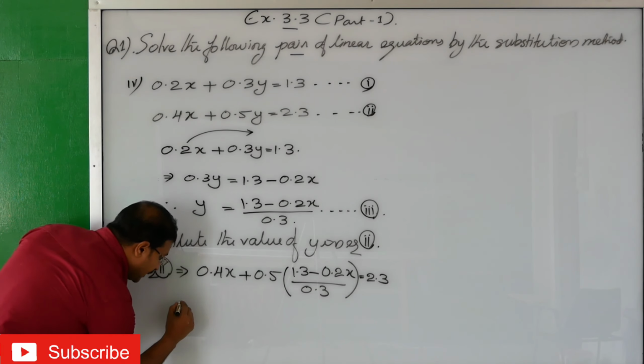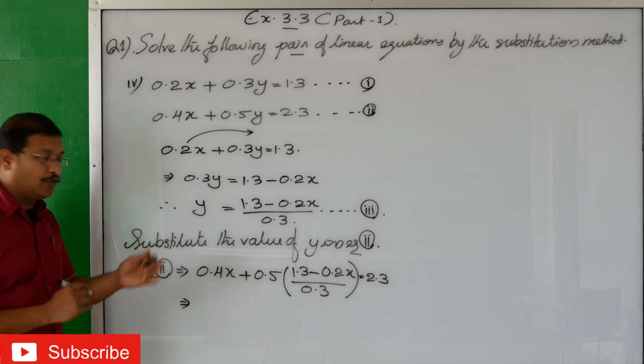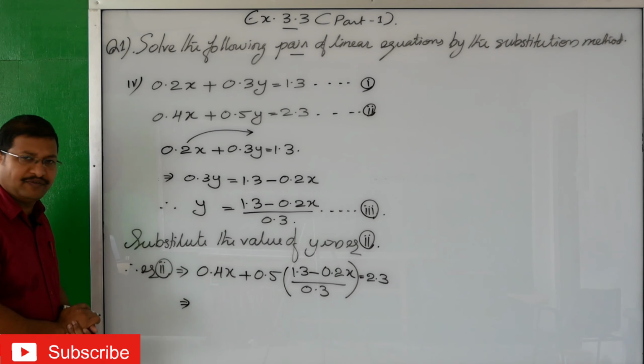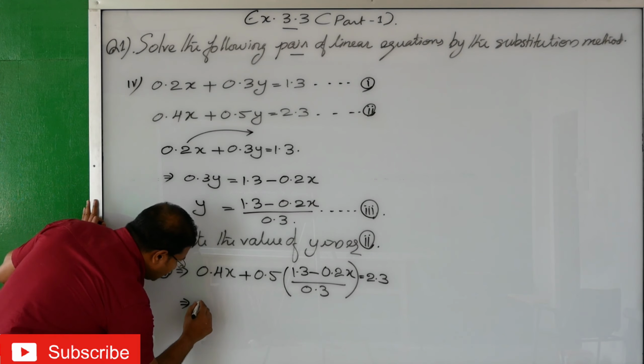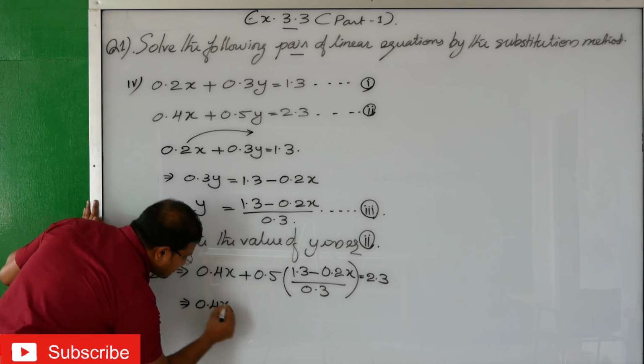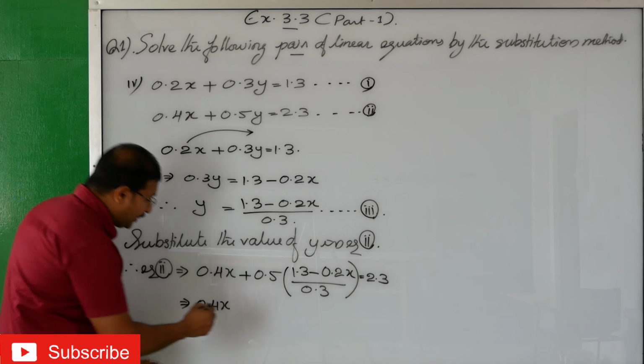Ready? This implies, now we'll go for the LCM. Of course, we can open it even. I think first we'll open the bracket. That means 0.4x, I'll write one more step, okay?